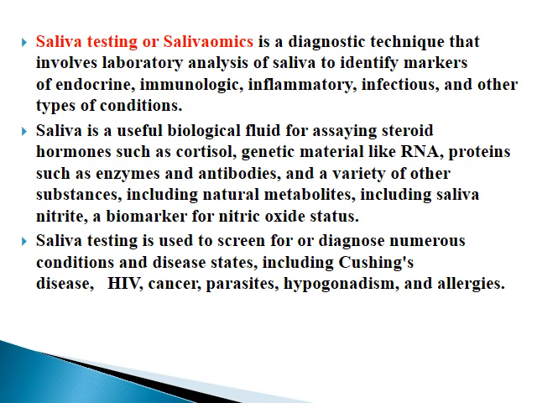Saliva testing, or Salivaomics, is a diagnostic technique that involves laboratory analysis of saliva to identify markers of endocrine, immunologic, inflammatory, infectious, and other types of conditions. Saliva is a useful biological fluid for assaying steroid hormones, such as cortisol, genetic material like RNA, proteins such as enzymes and antibodies, and a variety of other substances including natural metabolites, including salivary nitrite, a biomarker for nitric oxide status.